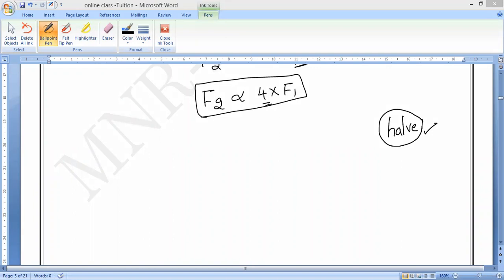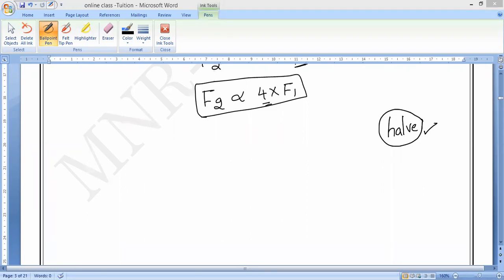And if we halve the distance between two bodies, then the gravitational force becomes how much? It becomes 4 times.